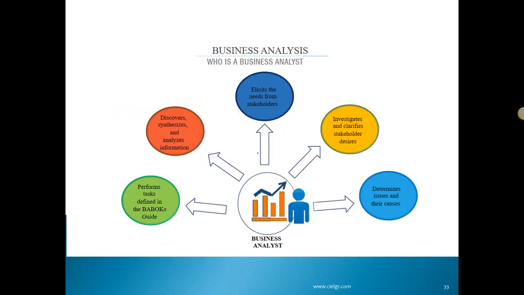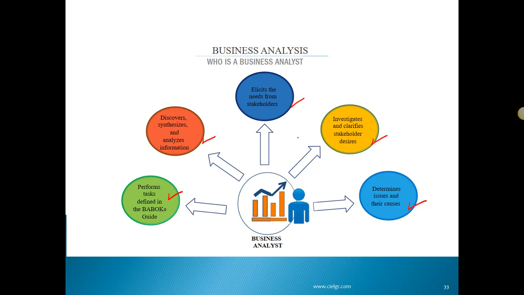So in a nutshell, we say that the business analyst performs the tasks as defined in the Babok guide. And then, of course, the business analyst discovers, synthesizes, as well as analyzes information, and also elicits needs from stakeholders. Especially within the project planning, the business analyst will be responsible for requirements gathering and management, also investigates and clarifies stakeholders' desires, and determines issues as well as their causes.